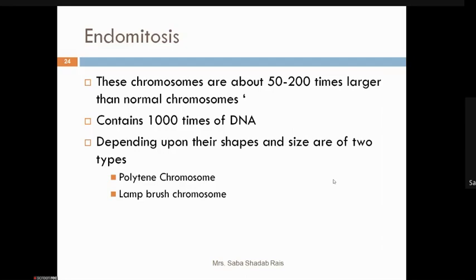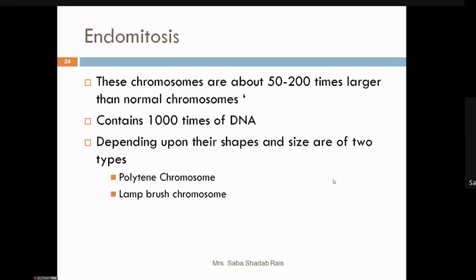When the size enlarges, definitely its dimension will also increase, and it becomes very prominent when you observe it under the microscope. Now when we talk about the DNA, it will definitely have 1,000 times more DNA.